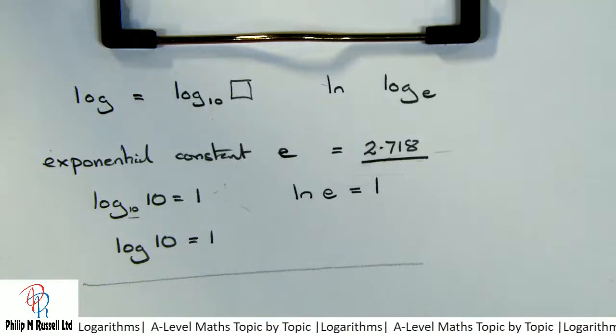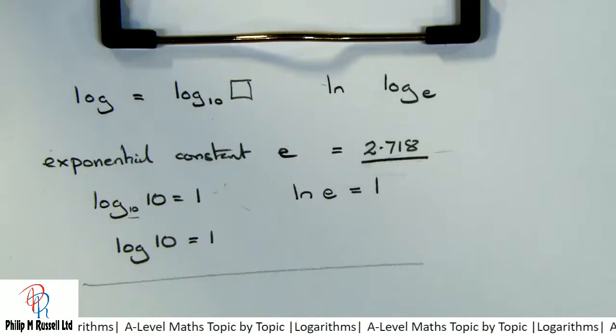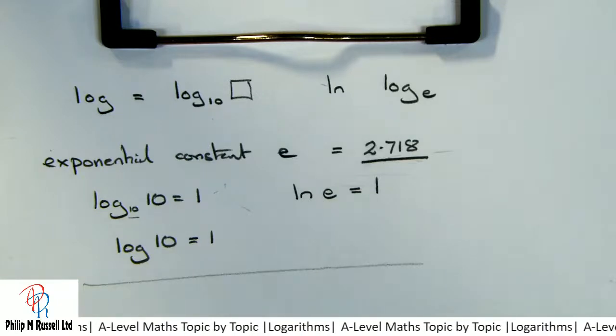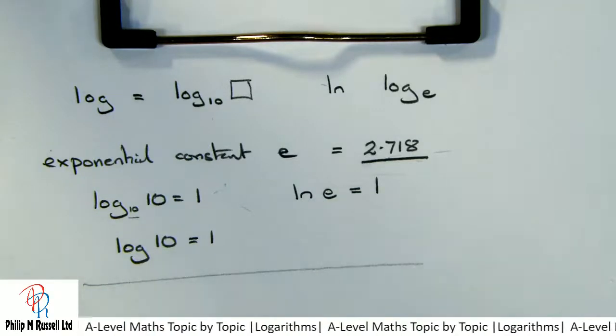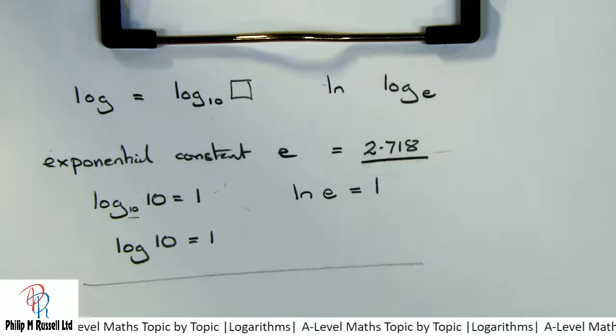So log to the base e is really a useful thing that we can try and play around with, and it's a good idea to know it in detail, but we'll worry about that a bit later.